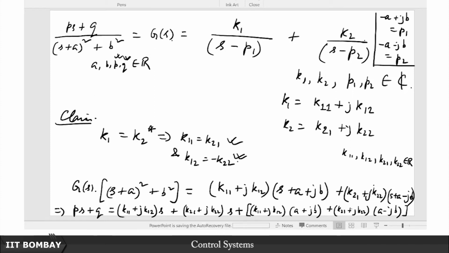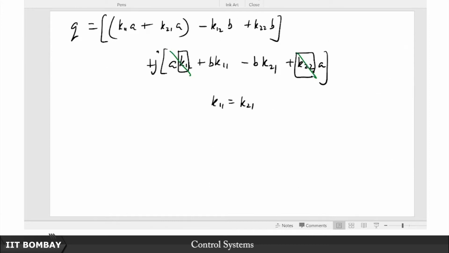Once you know K1, you know K2 completely, because K1 and K2 are complex conjugates of one another. So the problem of dealing with too many variables is basically not a problem at all. Okay, so let us carry this a little forward and see where this leads us.